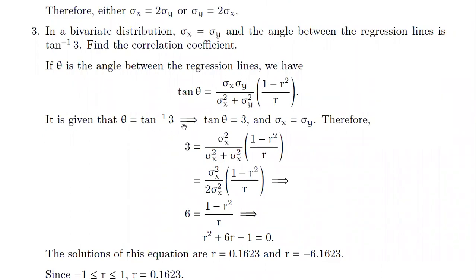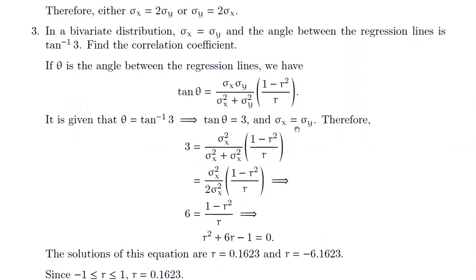if theta is equal to tan inverse of 3, tan theta is equal to 3. And to find the value of r, we have this relation, that is tan theta is equal to sigma x into sigma y divided by sigma square x plus sigma square y into 1 minus r square by r. Tan theta is 3, put the value.